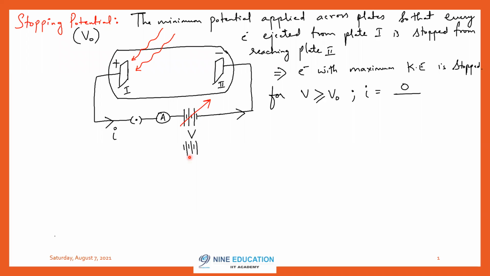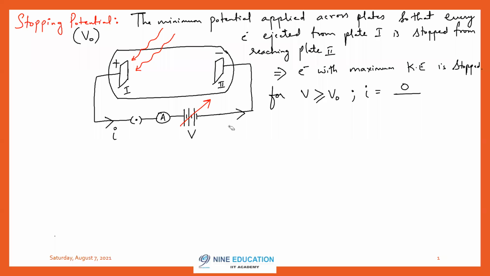So before solving questions on stopping potential, you need to check the polarity of this external supply. This ejecting plate should have higher potential, and the receiving plate should have lower potential. Have you all understood what I told?